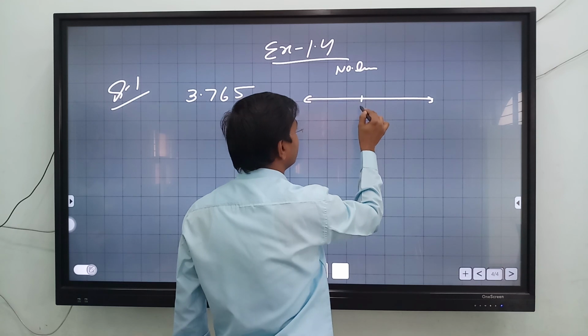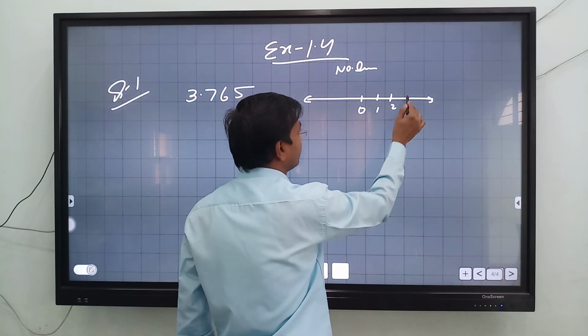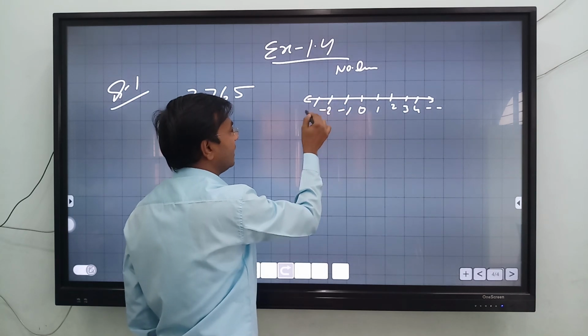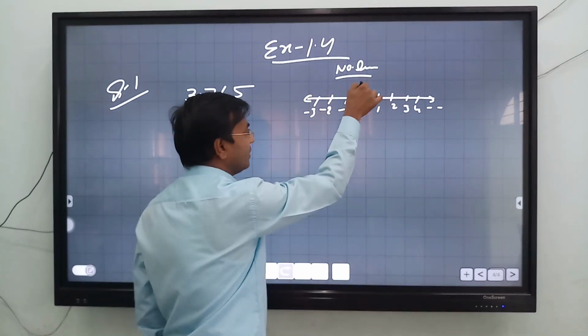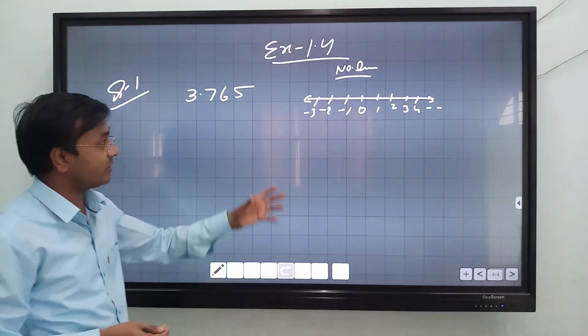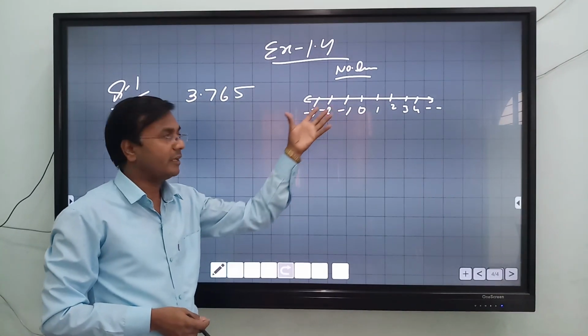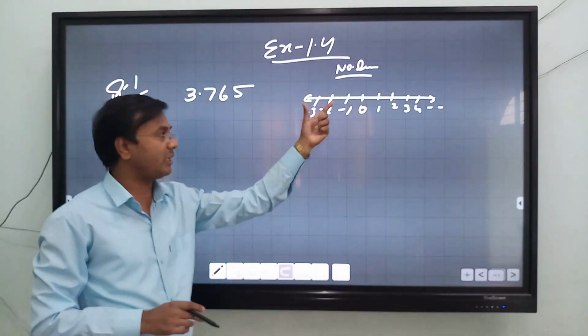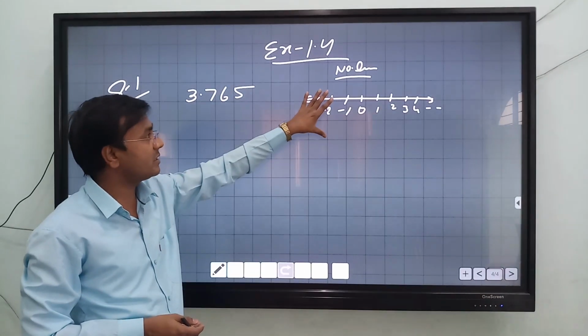Put an arrow, select 0 in the middle, 1, 2, 3, 4 and so on. Similarly on this side negative numbers, -2, -3 and so on. So this is called the number line, which contains a line as well as numbers on it, having some equal distance, equal gap. Okay, so this is the number line.